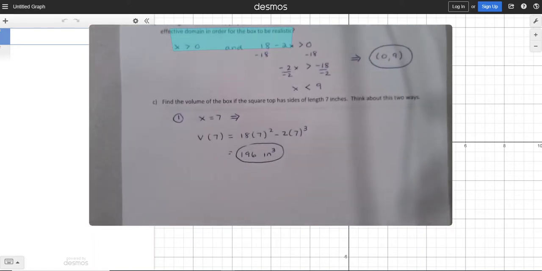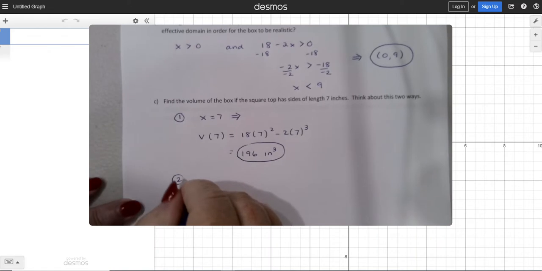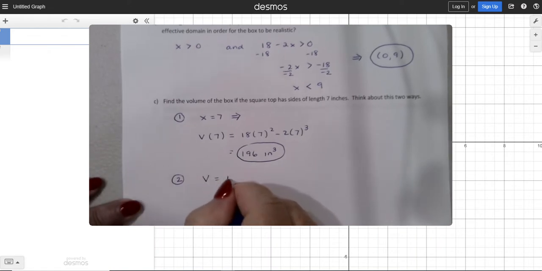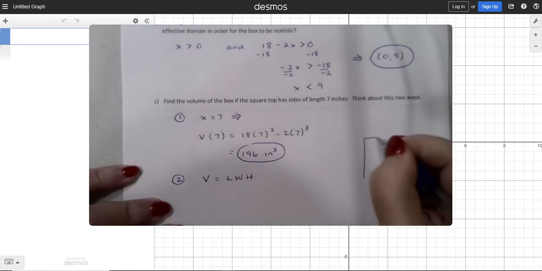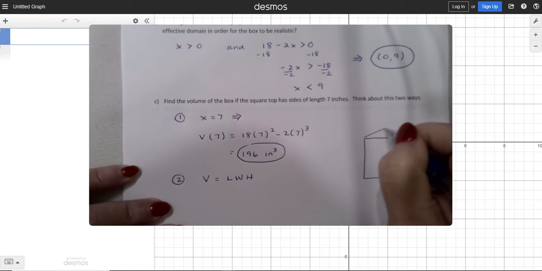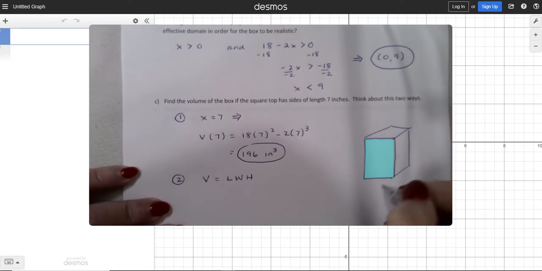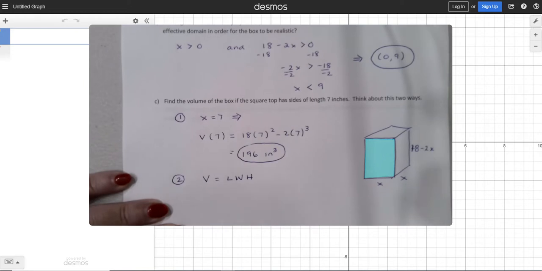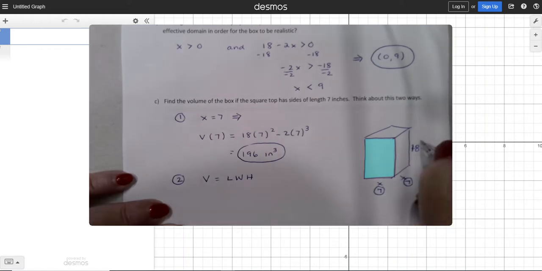A second option for finding the volume would be to go back to the idea that volume is length times width times height. And again, just a reminder, the box looks like this. And since they've told us that the length is 7, the base is 7 by 7, and I could plug 7 into here. 18 minus 2 times 7.